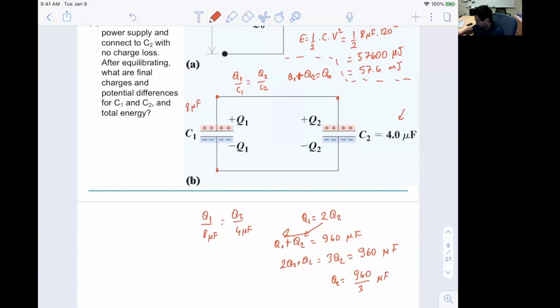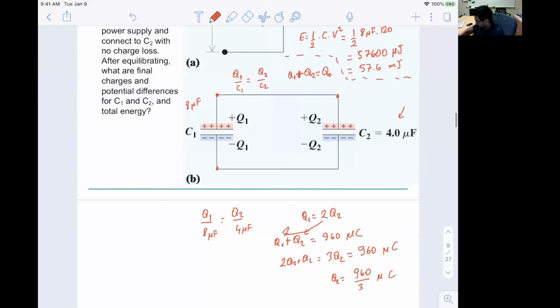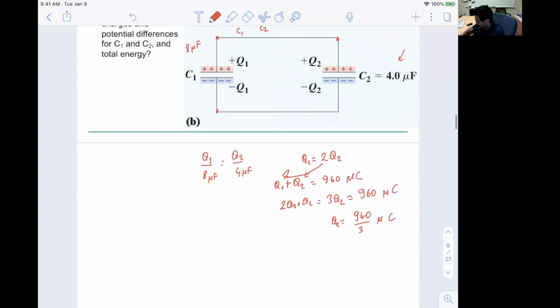Sorry, Q is charge, not the capacitor. If you divide by this, it's going to be 320 microcoulomb for Q2, and Q1 is going to be 640 microcoulomb.